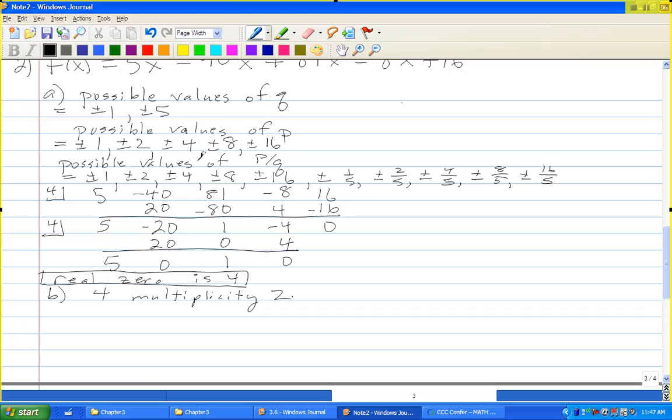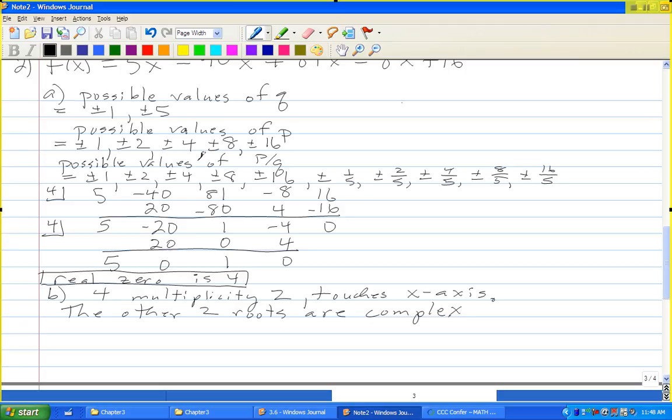And so it touches the x-axis. It doesn't cross the x-axis. The other two roots are complex, so they don't have anything to do with crossing the axes.